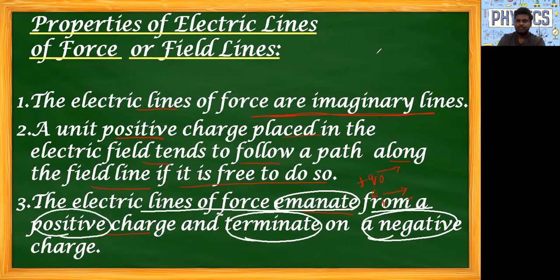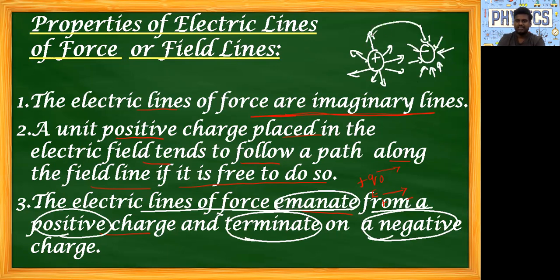If you see here, the positive charge is emanating, that is, it is divergent, and the negative charge is convergent. That's also what we call, in terminology, emanate and terminate.